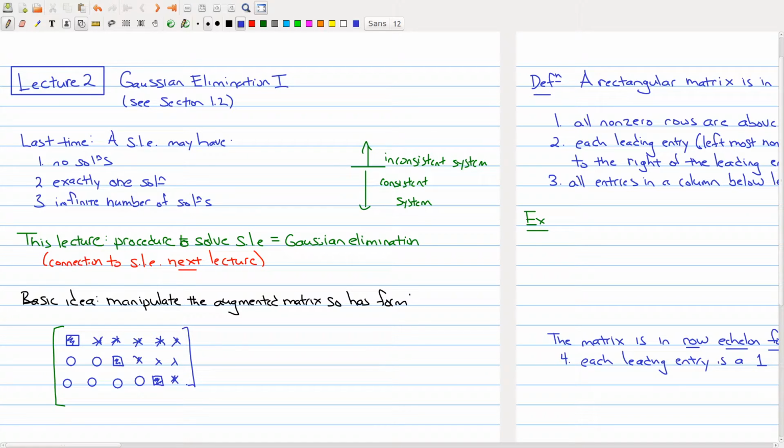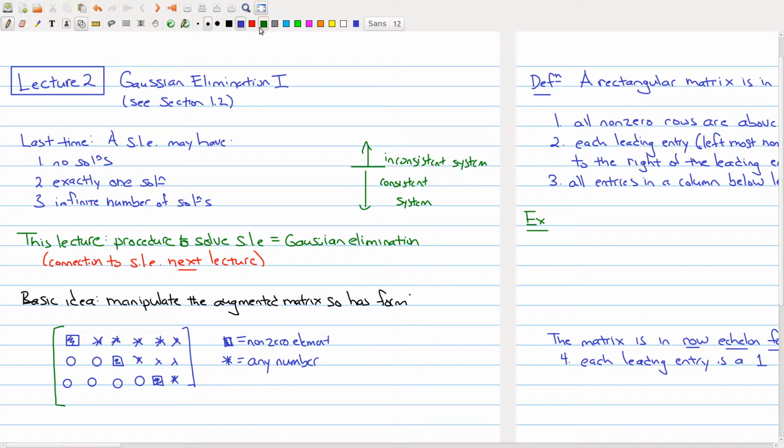So I've drawn a matrix, and each of the squares is going to denote a non-zero element. The star, or the asterisk, can be any number. It can be either 0 or a negative or a positive number. And then over here, we have to have zeros in the bottom left-hand corner.